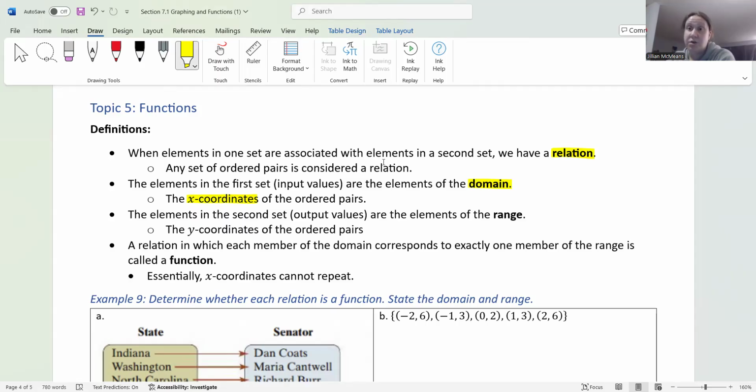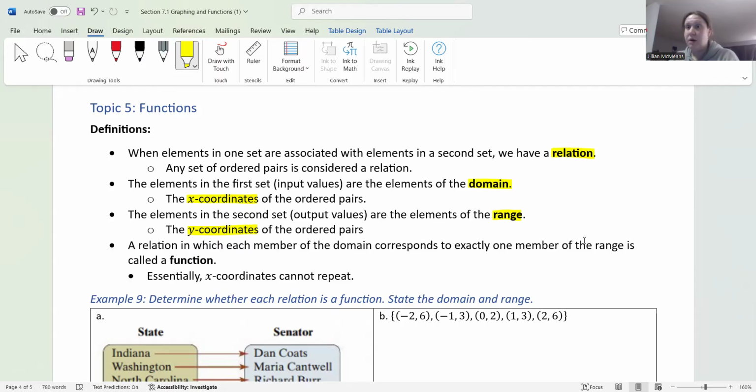That's the set called the domain. The elements in the second set are the output values, the elements of the range. For us, the y coordinates, or the dependent variable, are the elements in the range. So we have a relation, which is just any kind of association between two sets.